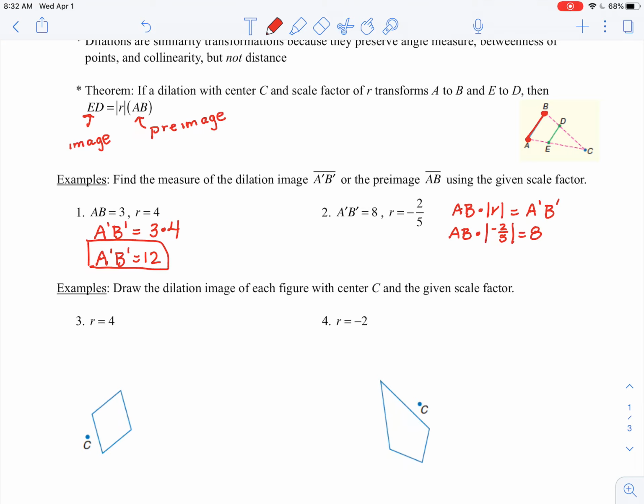To solve for the pre-image, we're dividing both sides by 2/5, or of course, that's the same as multiplying both sides by 5/2. And when we do, we can see that the pre-image, the original picture, was 20 units long.